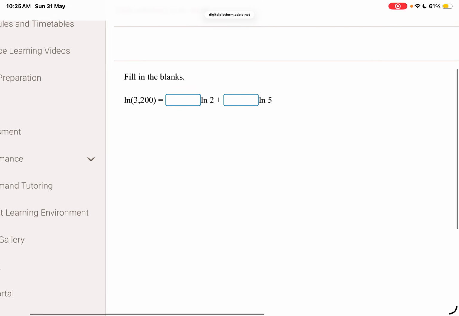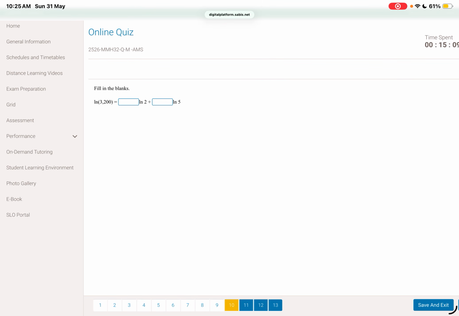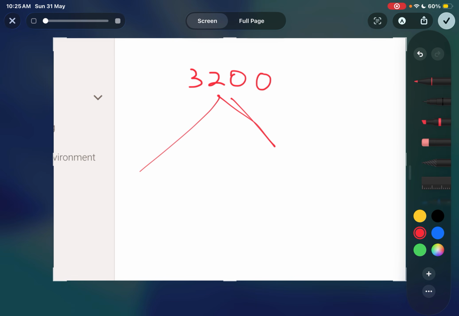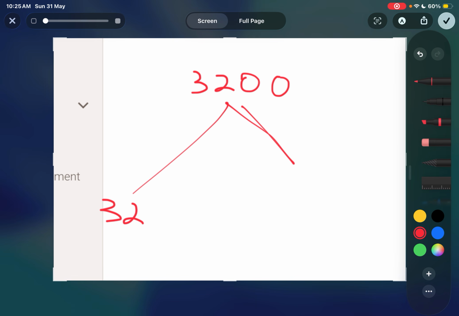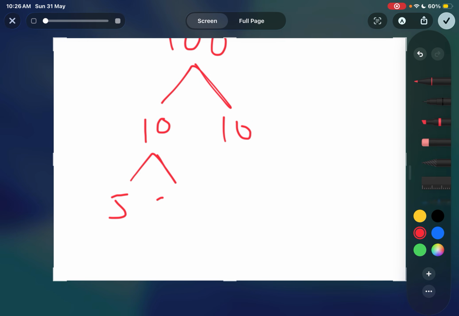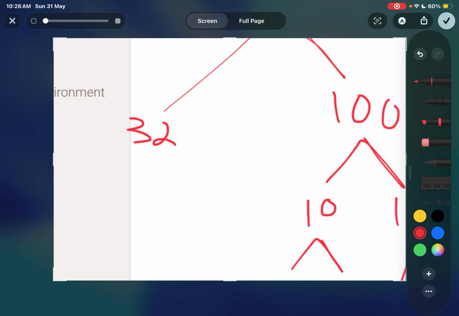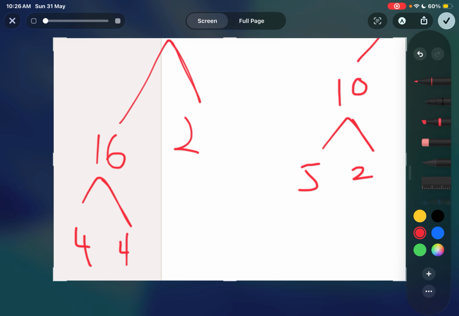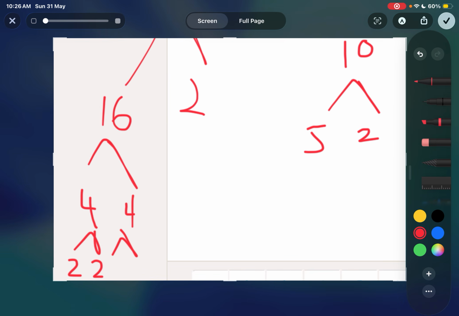Okay, now this one's also the same thing. So ln of 3200, you have to find the factors and everything. So you take 3200 and factor it. Now this is 32 times 100. 100 is 10 times 10, which is 5, 2, 5, 2. And then the 32 is also 16 and 2, 4 and 4, 2, 2, 2, 2.